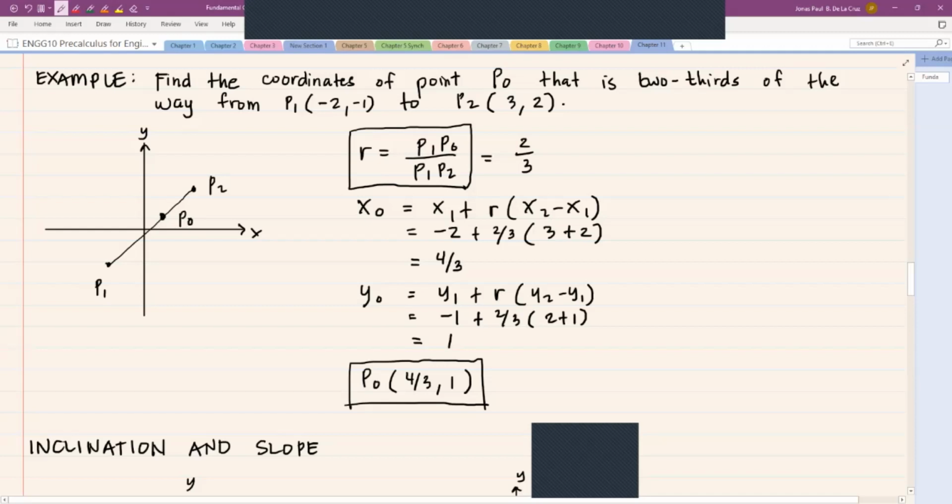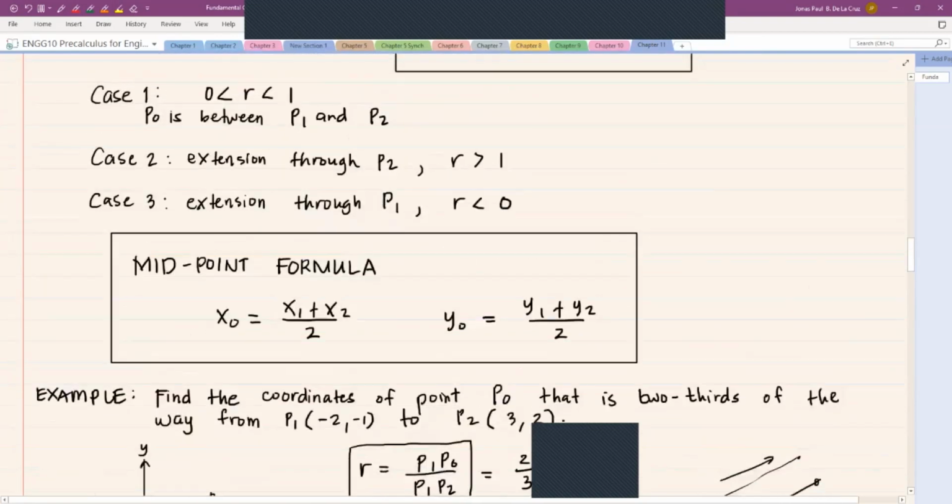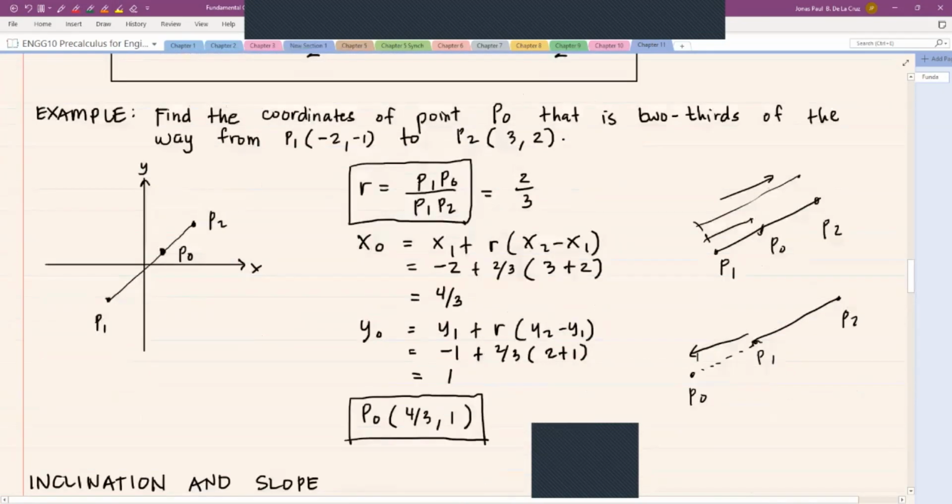So for example, if P1 is here and P2 is here, then P1PO is this distance, and going that way is positive. So P1PO is positive, and P1P2 is also positive. But for example, if P1P2 is here and PO is here, then P1PO is negative, because it is toward the opposite of the positive direction. So P1PO is negative and P1P2 is positive. That's why case 3 earlier was negative: R is negative here. But the formula is still the same, R is P1PO over P1P2. That's all for the formula of R.